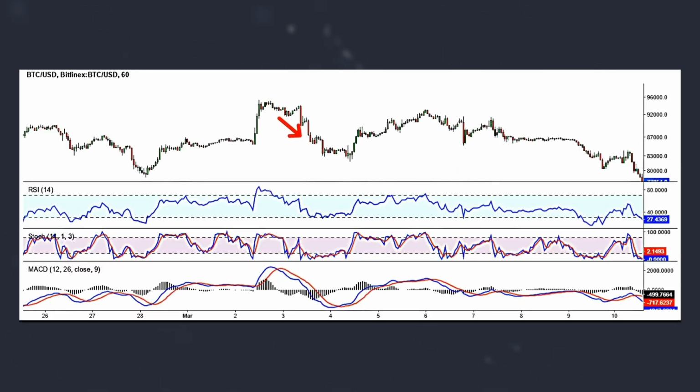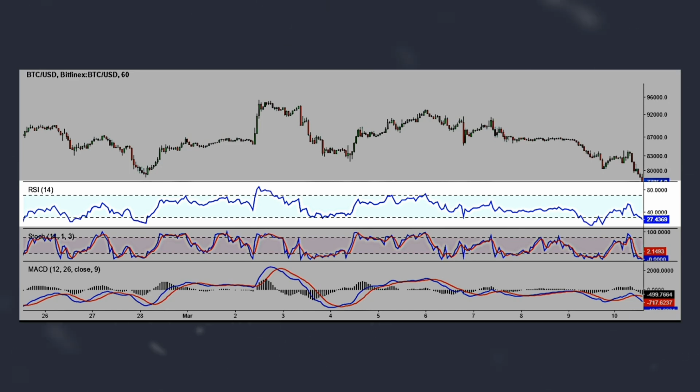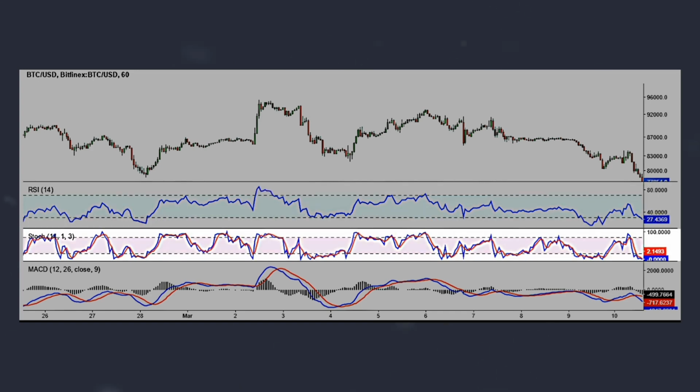Let's see how we could have taken a short position and profited from this move using the rules of this strategy. First, we notice that the RSI has exited the overbought zone and dropped below the 70 level. That's our first condition for a potential short setup. Next, on the stochastic indicator, the %D line, while in the overbought zone, crosses down below the %K line, that's our second confirmation.